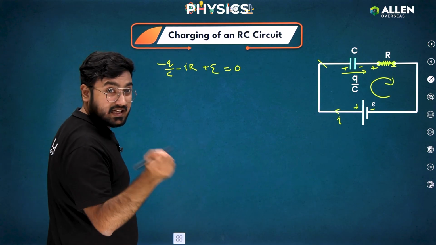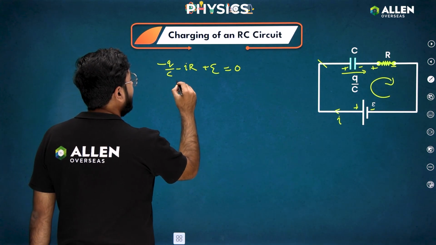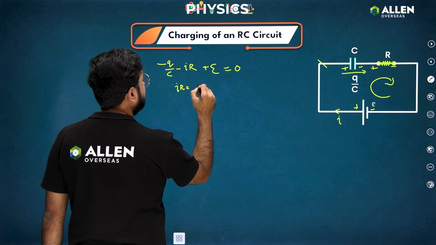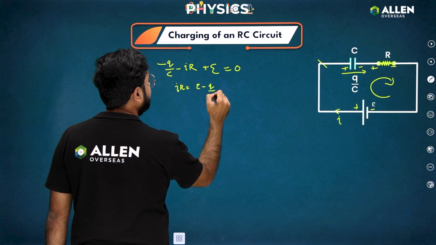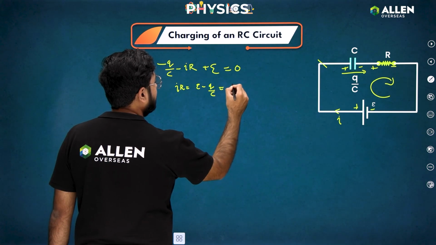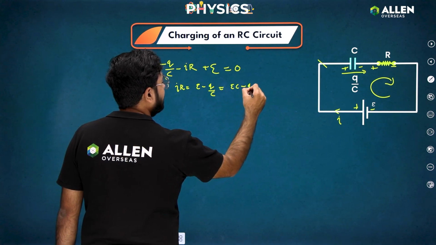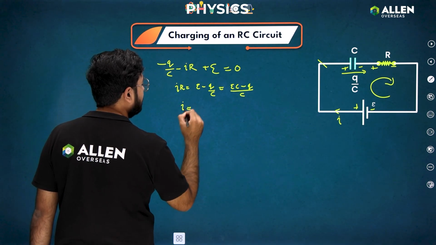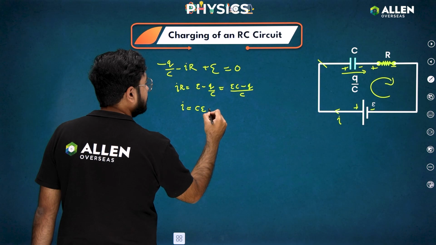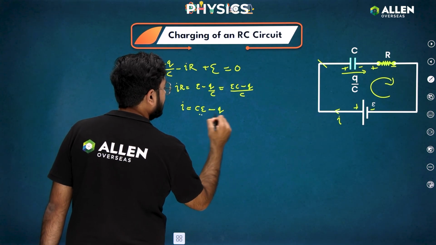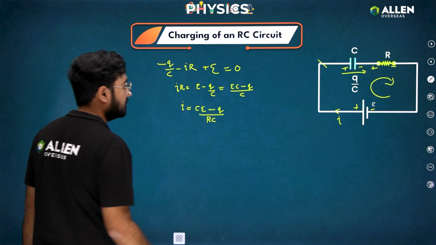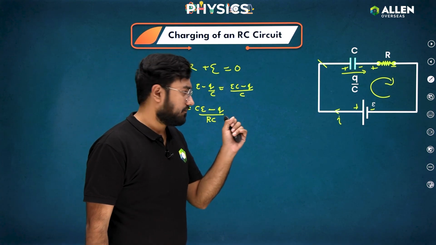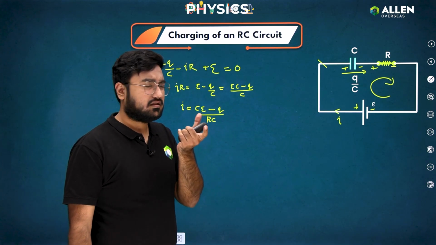Make I the subject. IR will be equal to E minus Q by C, or I will be equal to CE minus Q divided by RC. Now the current in the circuit is how much?